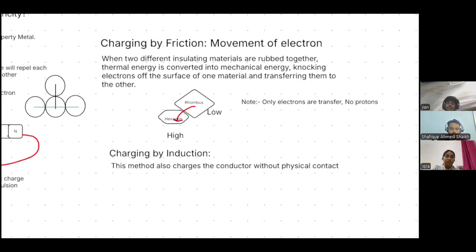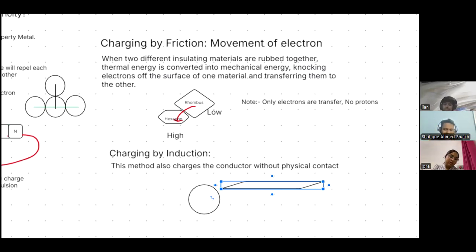This is the metal sphere and this is the charged rod. The metal sphere is the uncharged one and the rod is the charged one.